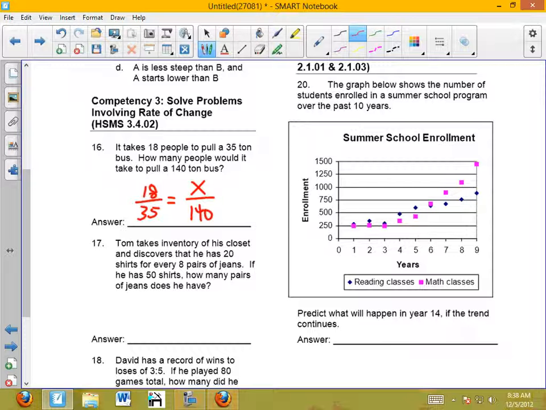So you're going to set up a proportion, a fraction, with two things that go together. 18 people, 35 ton. How many people? 140 tons.